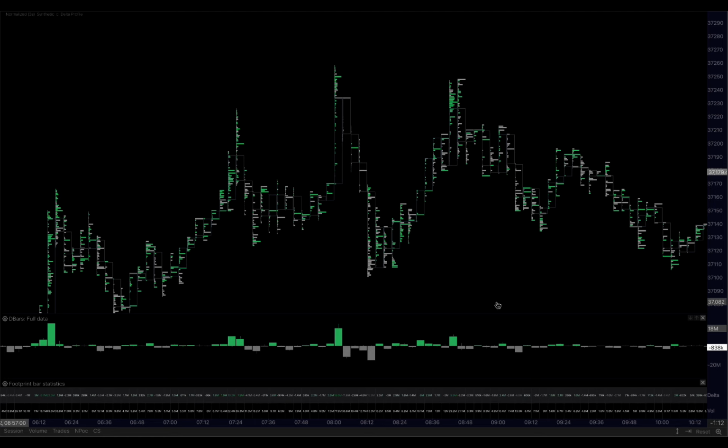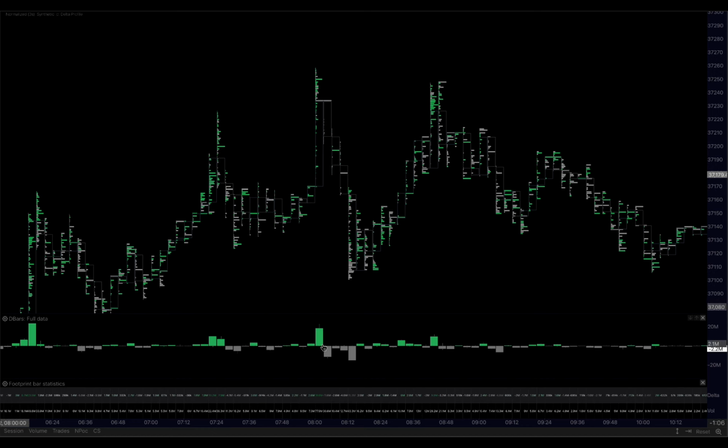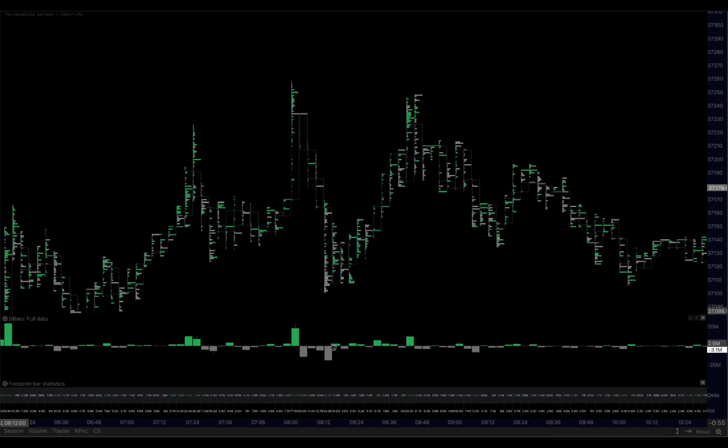So building on the delta spikes, like I said, you're going to be looking for spikes in delta, so either spikes in positive delta or spikes in negative delta. Next, you're going to look for a P-style body or a B-style body. For example, here we have a negative delta candle. You see there's massive gray here.